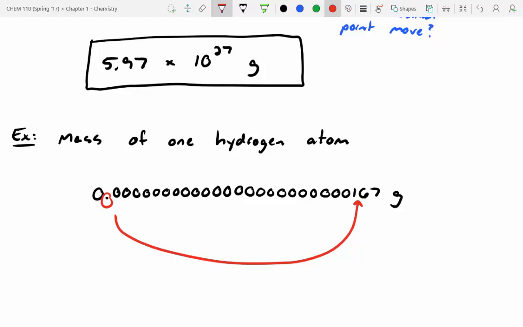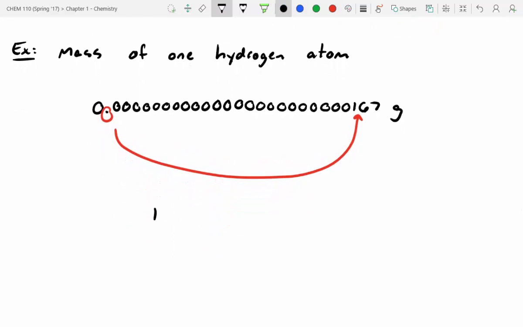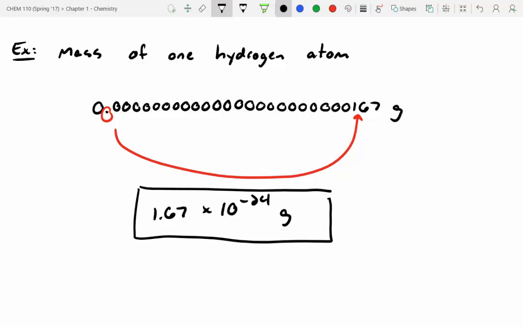So we moved that decimal point 24 places over. Okay? So if we write this out, it's going to be 1.67 times 10 to the what power? Negative 24. So if you're moving it right, you have to make it a negative number. So the mass of one hydrogen atom in scientific notation is 1.67 times 10 to the negative 24th grams.